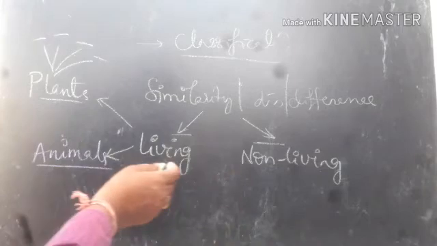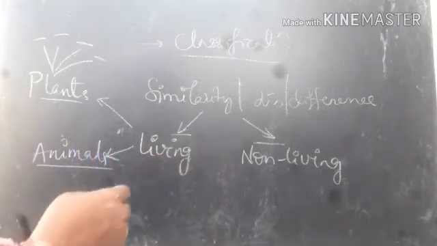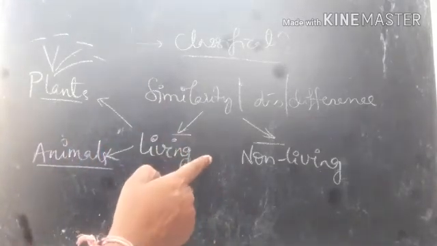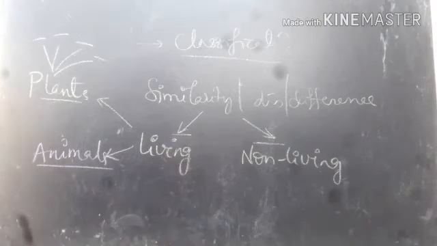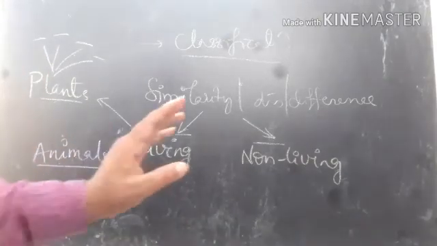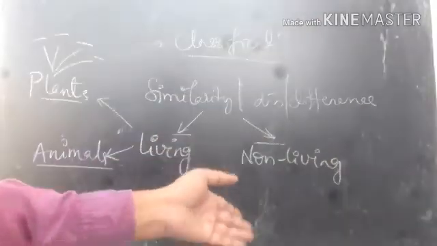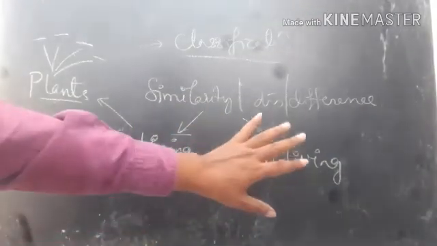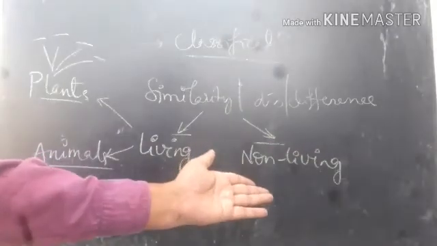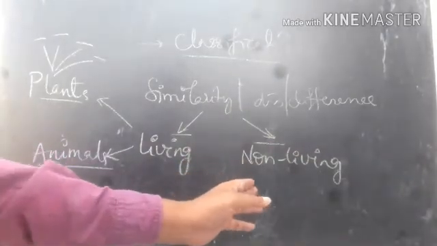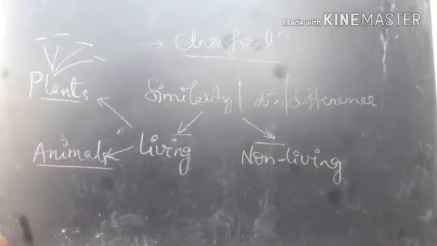And when you come to non-living things, objects can be classified into many groups on the basis of the nature of the material, their use, their color, shape, appearance, hardness or softness. Depending on that we are able to divide the non-living things. Have you understood?